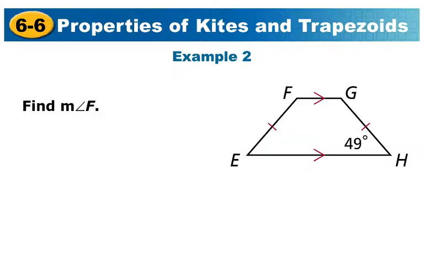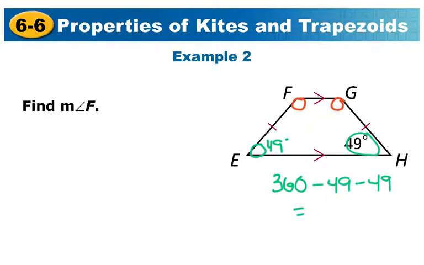Our next one, we're trying to find the measure of angle F, which is a base angle. So it's going to be the same as this measure. But of course they only give us the opposite base measure. And so we know that if that one's 49, then this one's 49. And since the entire four-sided shape has 360 degrees inside of it, we need to subtract out two 49s for both of the bases.